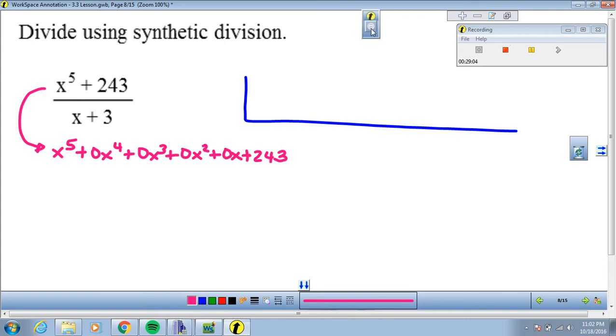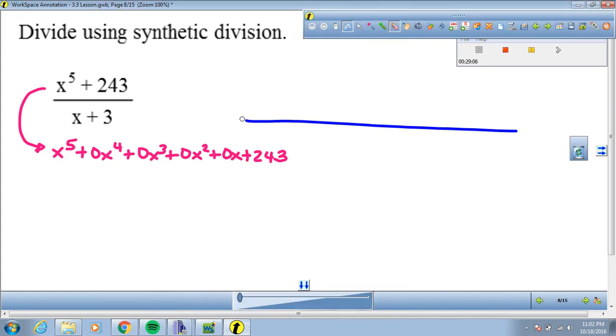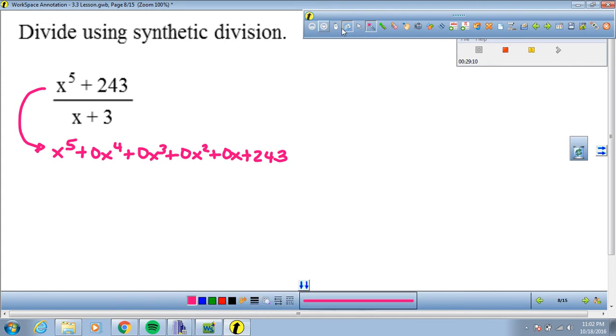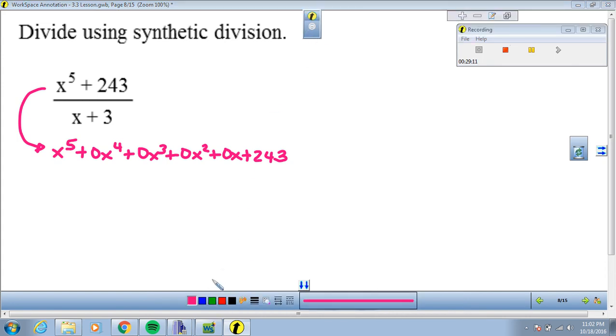So probably move this somewhere else, because it's going to take some space from us. So do you see what I did? This and this and this and this term were the ones missing in between these two. Okay, 5, 4, 3, 2, 1, even though we don't see it, and then 0.